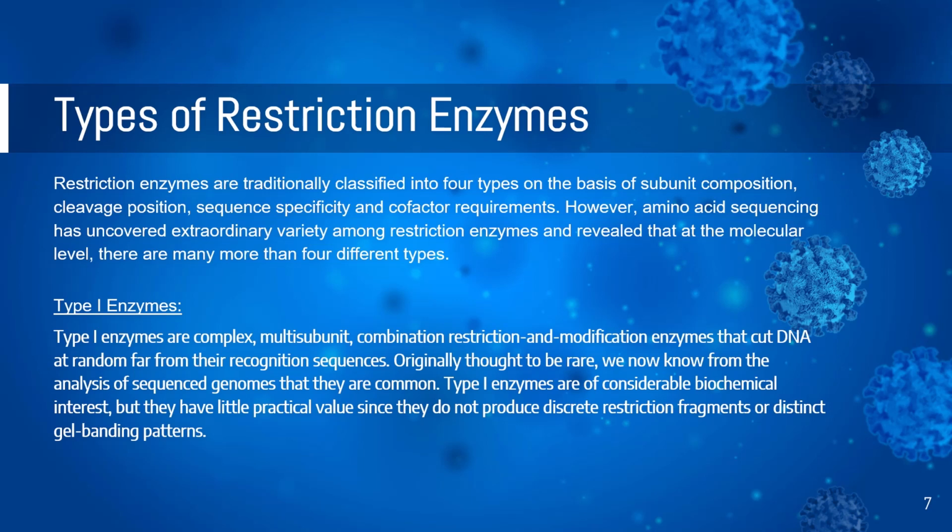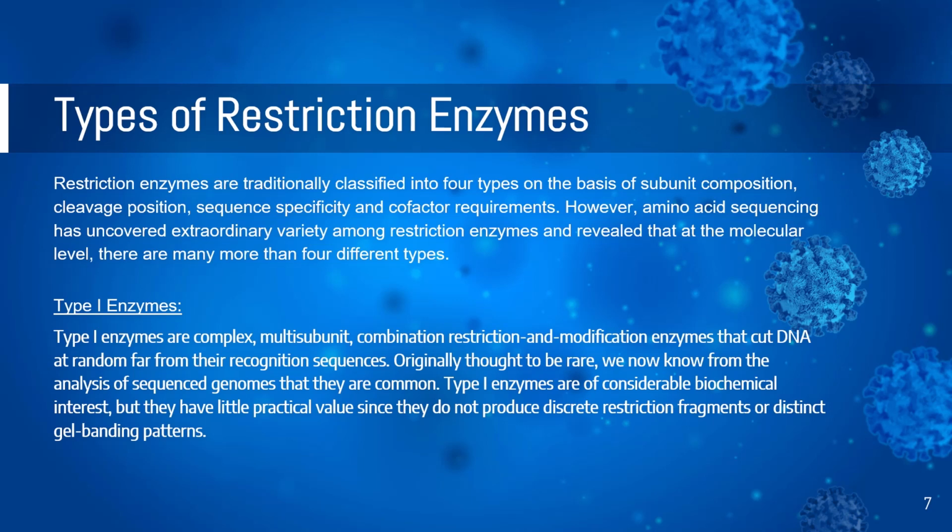Type 1 restriction enzymes. Type 1 enzymes are complex, multi-subunit, combination restriction and modification enzymes that cut DNA at random, far from their recognition sequences. Originally thought to be rare, we now know from the analysis of sequenced genomes that they are common.